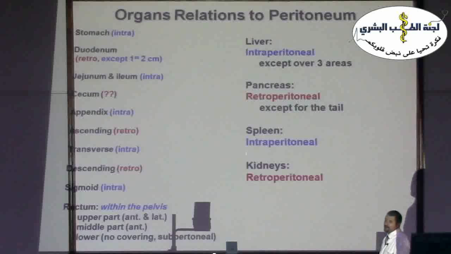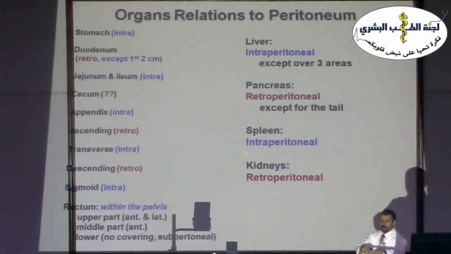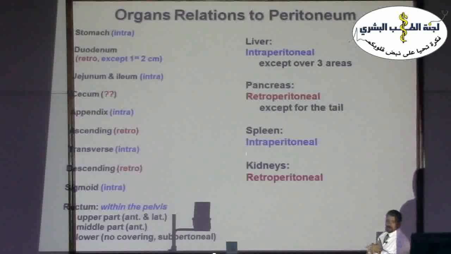It's called porta hepatis, or the hilum of the liver. And the third is where the gallbladder is resting. Because once there is a gallbladder over the liver, peritoneum cannot come in between them. It will cover over the gallbladder. But if you remove the gallbladder, it's still a rough surface of the liver. So three areas: the bed for the gallbladder, the opening for the portal triad, the hilum of the liver.